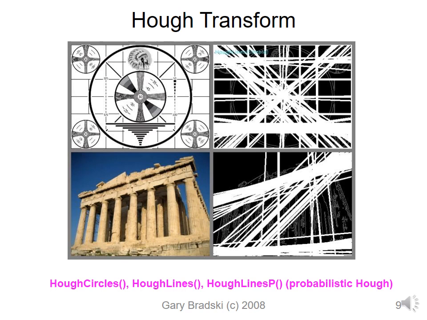And if you use HoughLines or HoughLinesP, you can extract all the straight lines. So this is a straight line, and these are straight lines here. Okay. So straight line and circle is a very strong feature that represent some object.